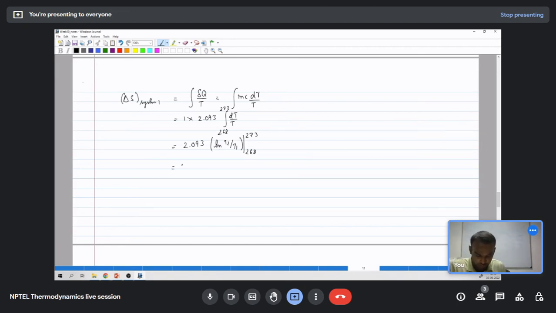So we have 2.093 into ln of 273 by 268. This is 0.0387 kilojoule per Kelvin.